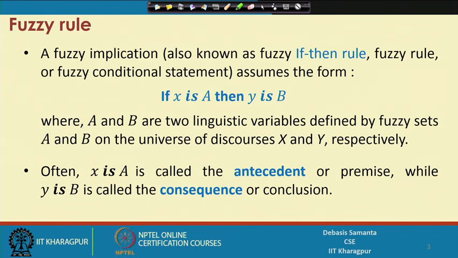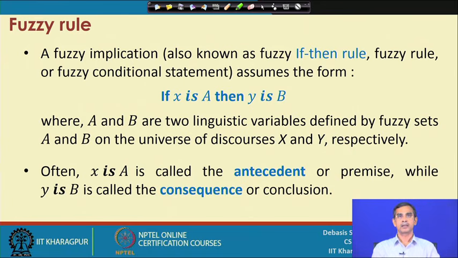So, now let us come to fuzzy implication, which is also called a fuzzy rule. It is also sometimes called an if-then rule, or a fuzzy conditional statement. Such a fuzzy implication is basically a relation from one proposition to another proposition.